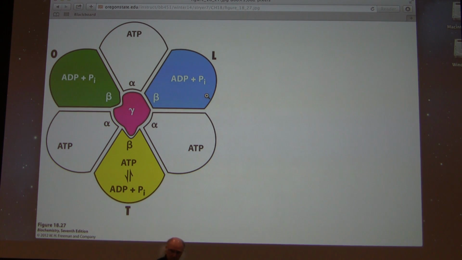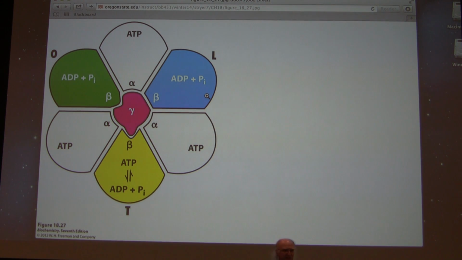Question? The mushroom head stays still. It's the gamma that's spinning, and it's spinning because that little blue ring inside of there is spinning. Yes? Why does O still have ATP plus Pi? That figure is just not a good figure.